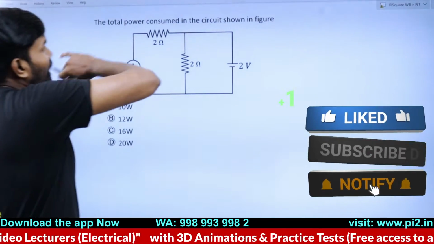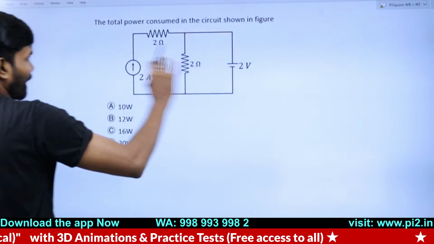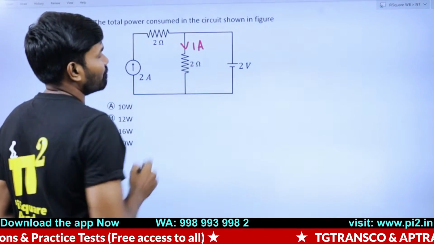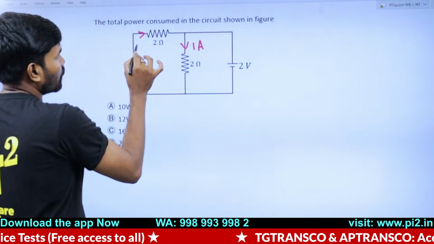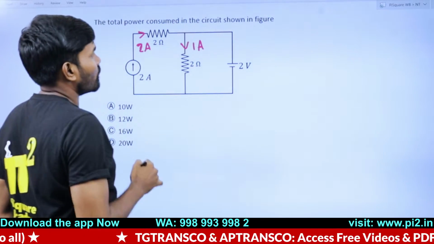The total power consumed, quickly. 2 volts, 2 ohms. So this is 1 ampere. So this is 2 ampere. 2 ampere current is going this way, 1 ampere current is going this way.